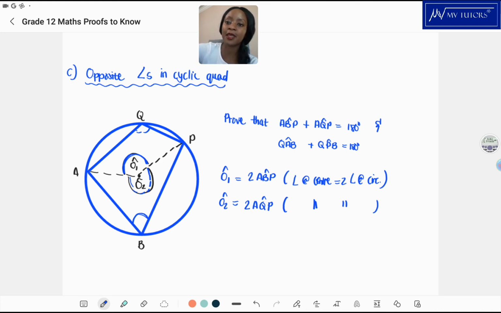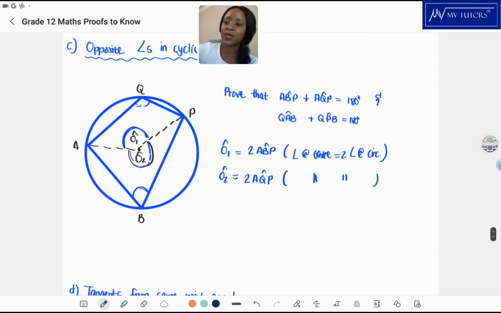Now I know that if I take O1 plus O2, I will get 360 degrees, revolution angle.